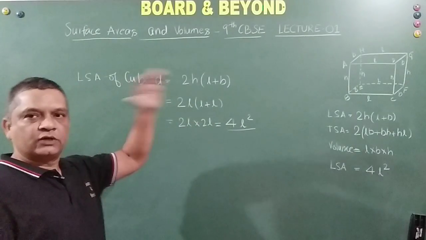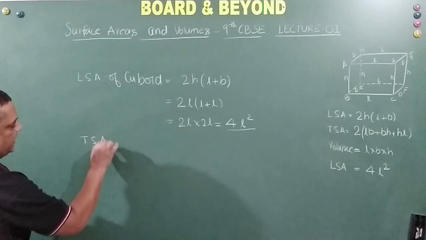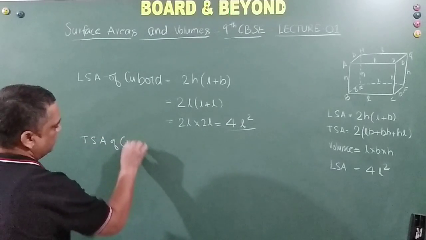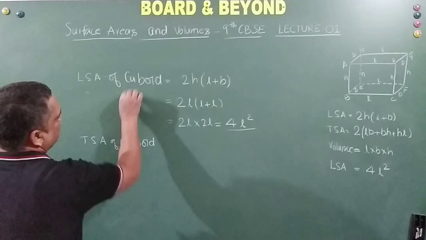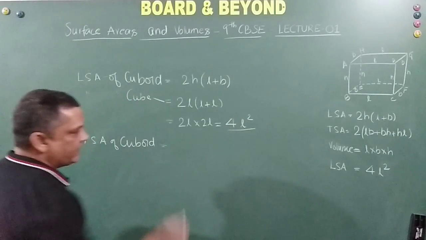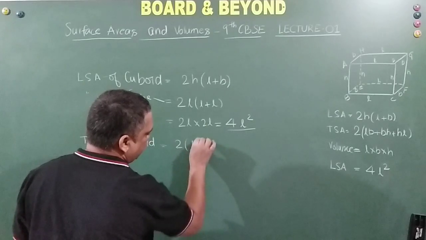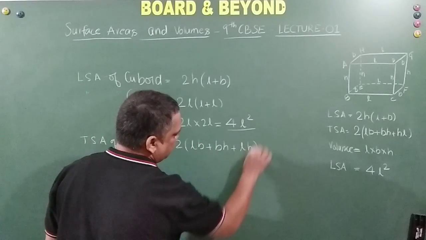Now coming on to the total surface area of the cube. So let me write. Cube is this. So for a cuboid, how much did we get? 2 into LB plus BH plus LH, right?